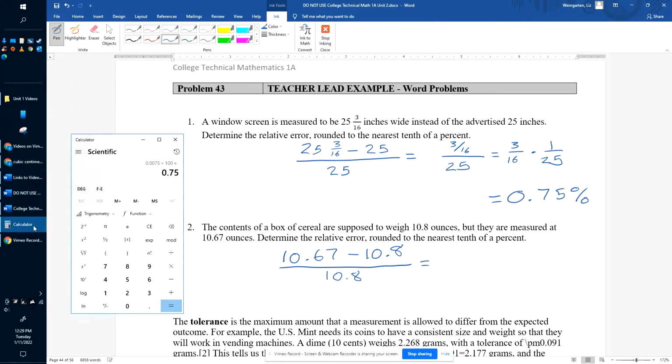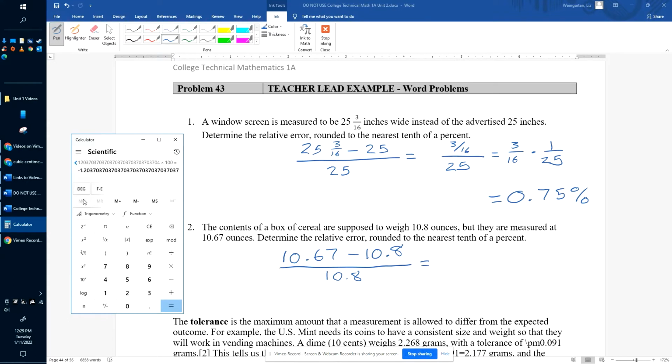Grab our calculator. 10.67 minus 10.8 equals, divided by 10.8. Now that's the decimal. We need the percent, times 100.